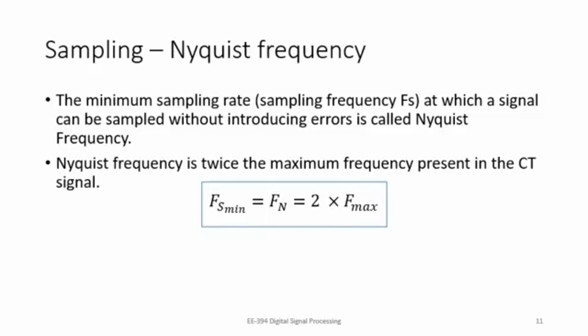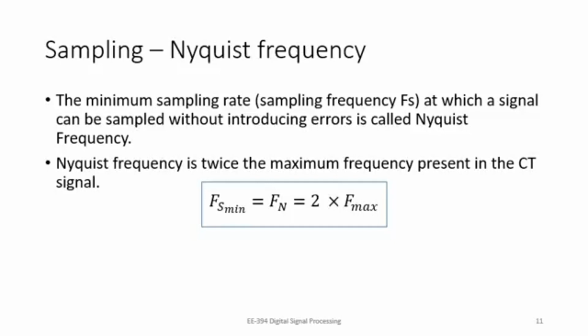Right, so just connecting with the previous slide, the minimum sampling rate or the sampling frequency fs, at which a signal can be sampled without introducing any error, is called the Nyquist frequency.